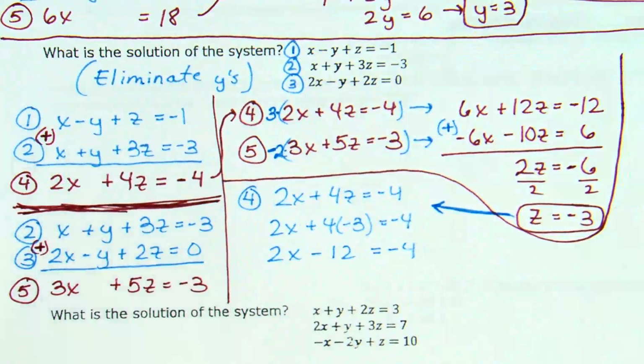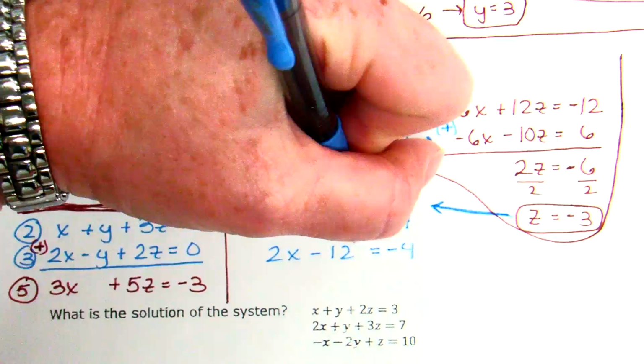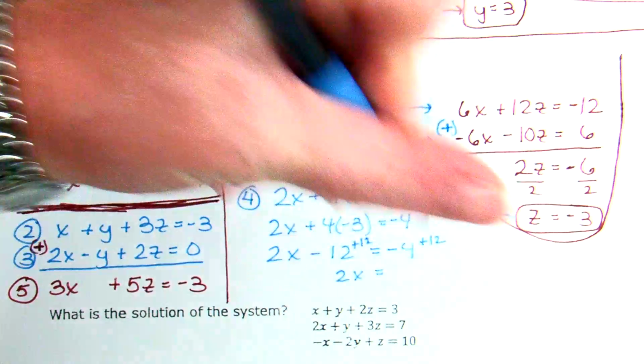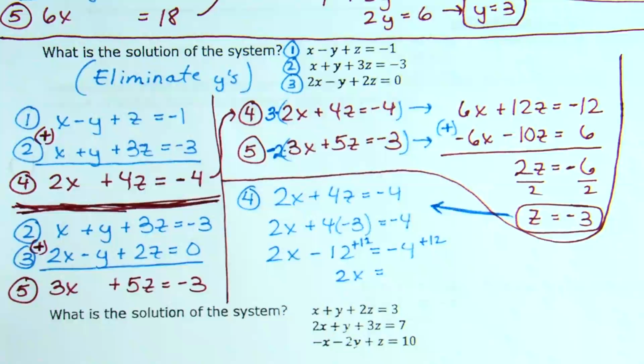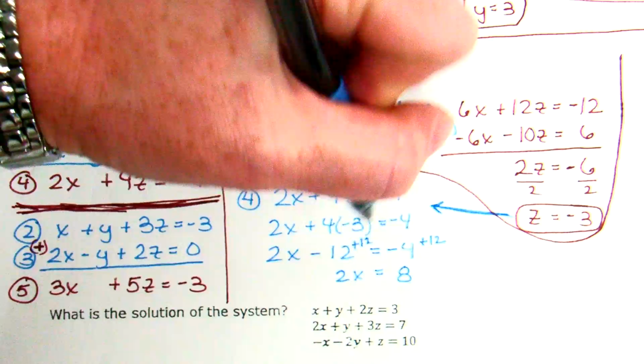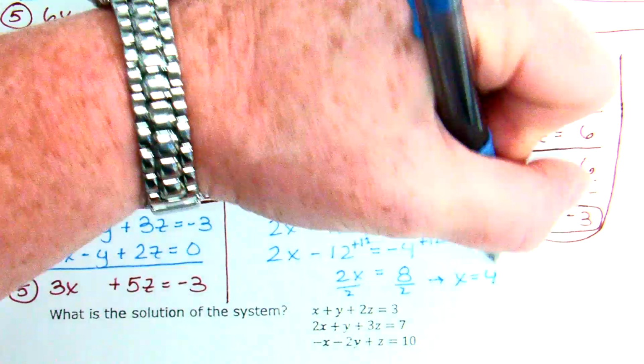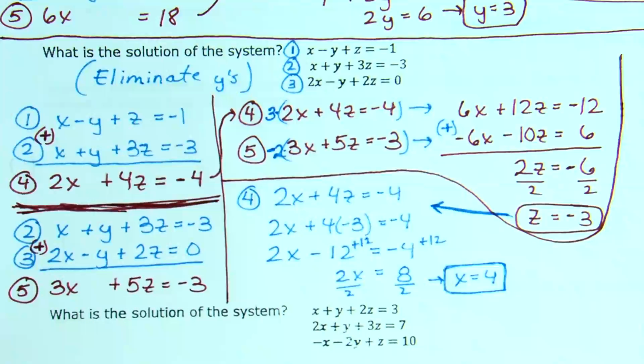So if it's 2x minus 12, I'm going to add 12. 2x equals negative 4 plus 12 is 8. Divide by 2. And we know x is 4. Got 2/3 of it done. That was a lot less work to get the 2/3 done, right? Yeah, that was quick. Okay.